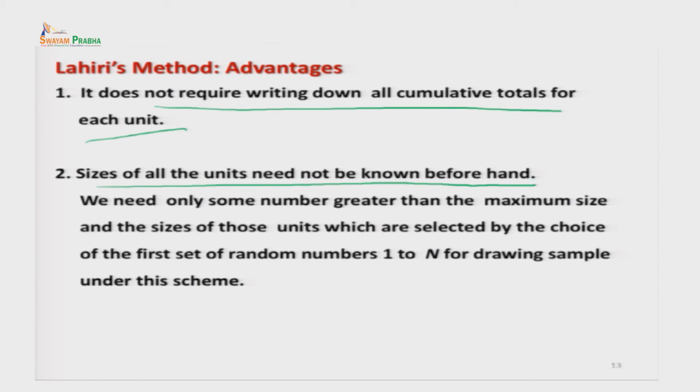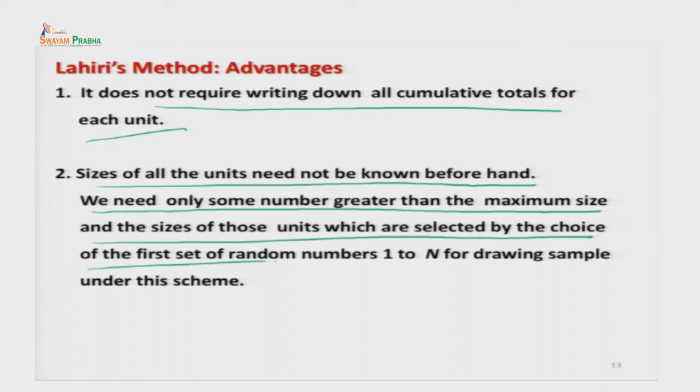In the cumulative total method, you must have the values of capital X1, capital X2, up to capital Xn, but that is not needed in Lahiri's method. What we need is only a number greater than the maximum size, and the size of those units which are selected by the choice of the first set of random numbers, 1 to capital N, for drawing the sample under such a scheme. That is all.